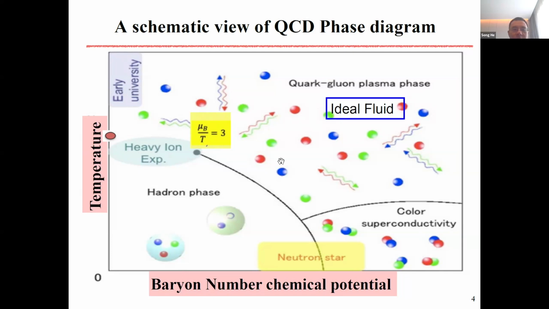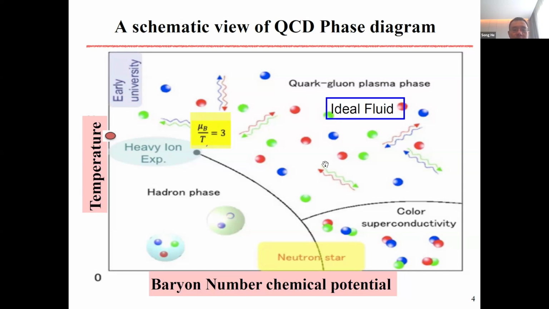Between these, there is a so-called phase boundary between the hadron gas and the Quark-Gluon plasma. And in the phenomenological QCD literature, people suspect that there is some exotic phase, the so-called color flavor locked phase, which is the color superconductivity phase.